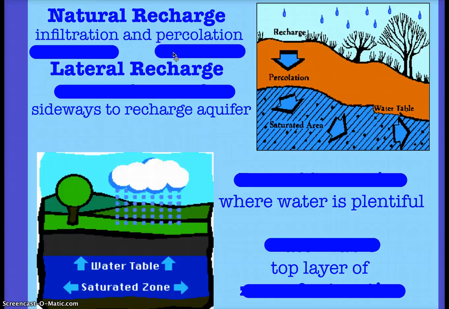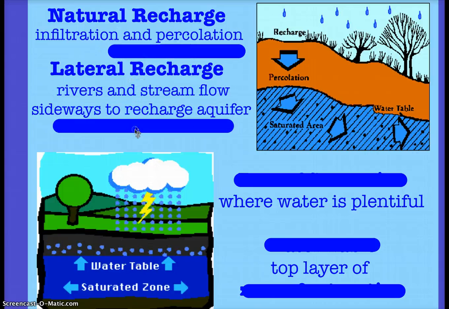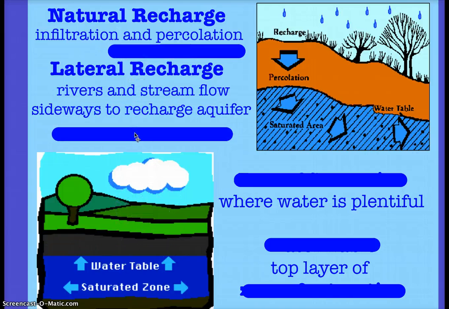But they can also be replenished through what's called lateral recharge, which is going to take a body of water like a lake, and the lake flows into the aquifer. So it's kind of like a reverse flow, and it's sideways because you have a lake that's connected to an aquifer and it's going into it horizontally, versus if it's infiltration, it's going to go into it vertically, and that's natural recharge.